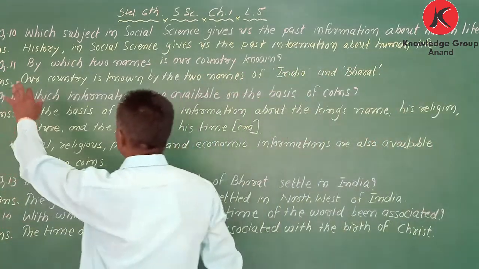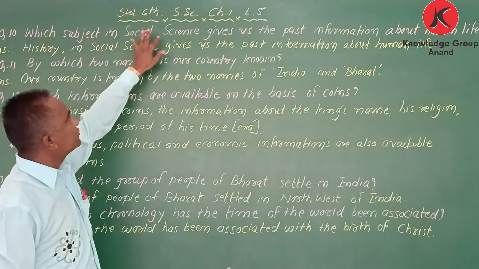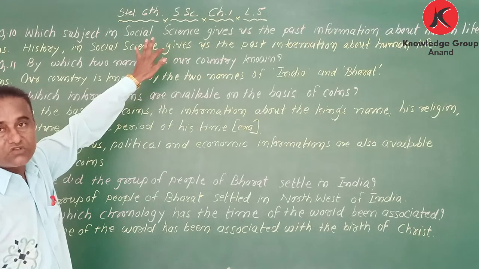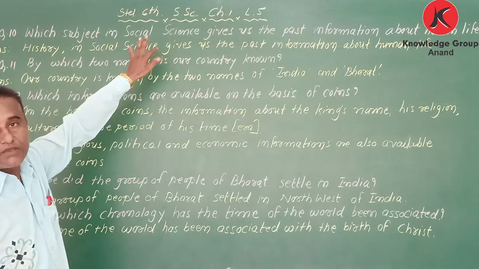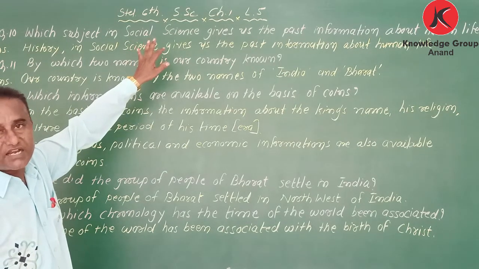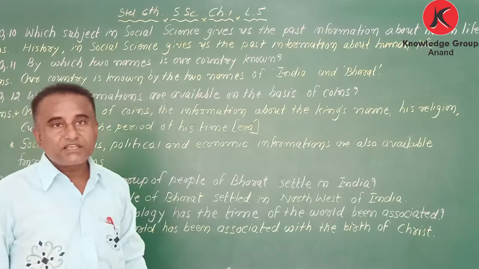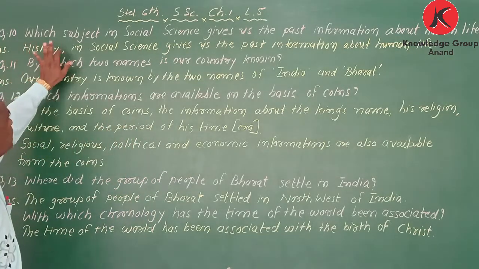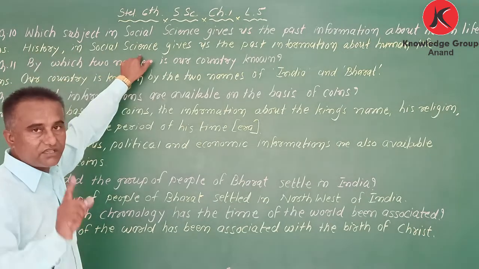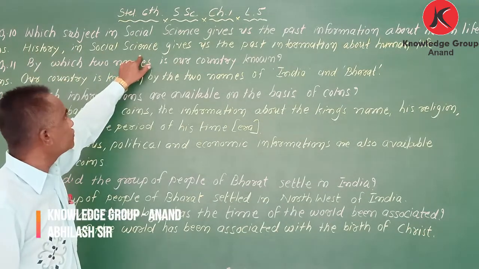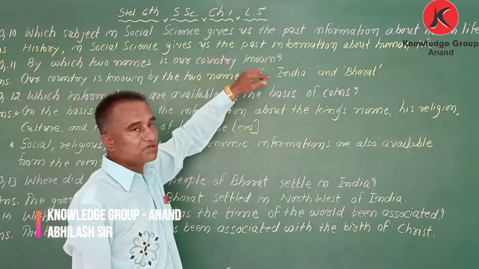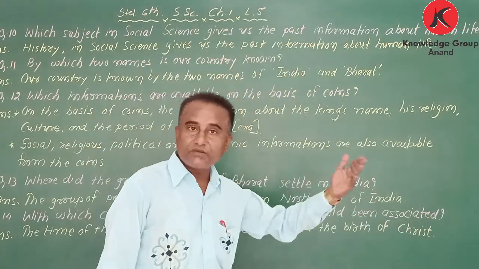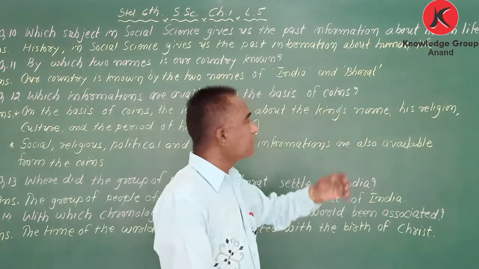Once again I repeat, which subject in social science? In social science we have many parts: history, geography, economics, political science, many things are there. So which part gives information? History. The answer is history in social science. History in social science gives us the past information about human life.